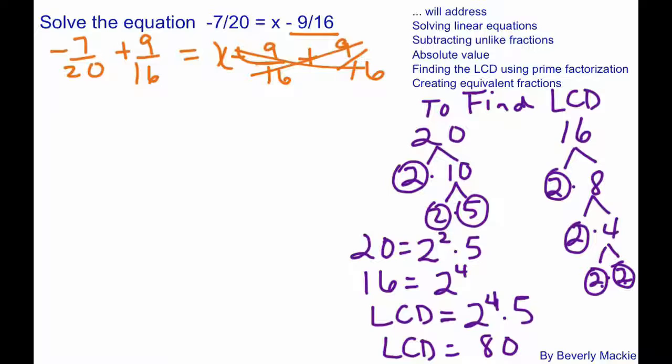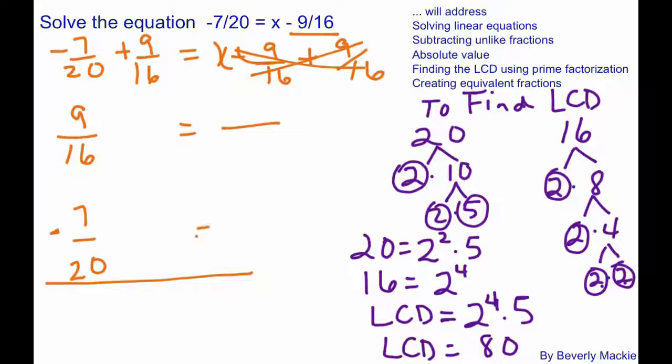So we take that back to the problem, and we're going to use 80 as our new denominator to create some equivalent fractions. Let's write this vertically this time. I'm going to start with the 9/16, and it's going to be a minus 7/20, or negative 7/20, over 80, because that's what we determined to be our new denominator.